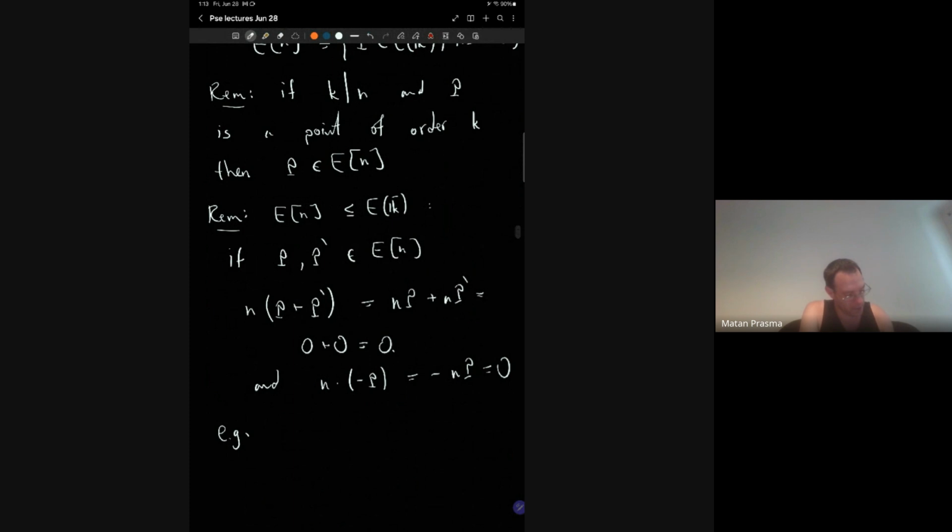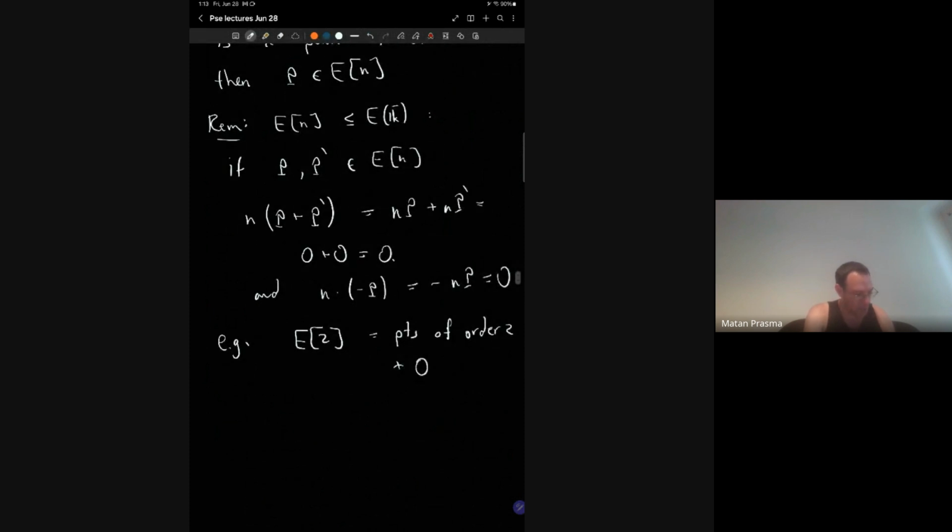So E[2] is the points of order 2 plus the point at infinity, and they always have the shape of Z mod 2 times Z mod 2.